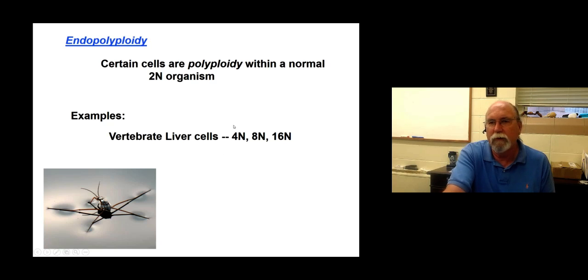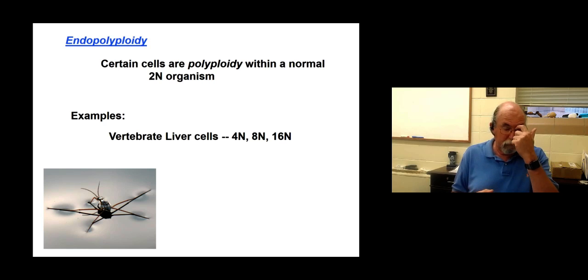People wonder why that might be. I don't know that there's a good explanation. Some theories have been that the vertebrate liver is a detox center. For us, and for many vertebrates, we originally ate vegetation. Well, plants don't like to be eaten, so they put toxins into their leaves and other parts, and so our livers become centers for detoxing that.